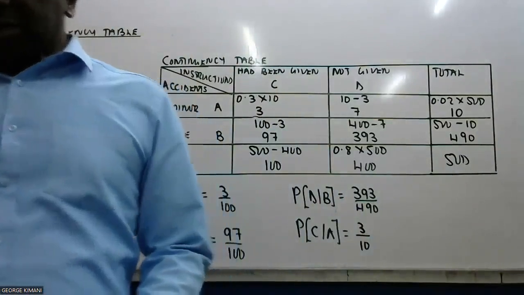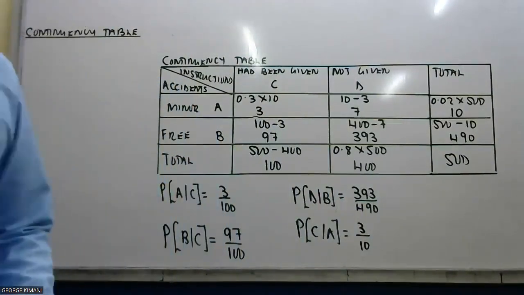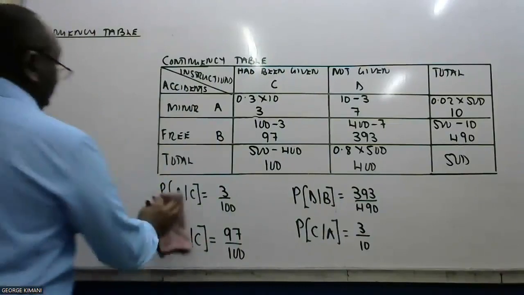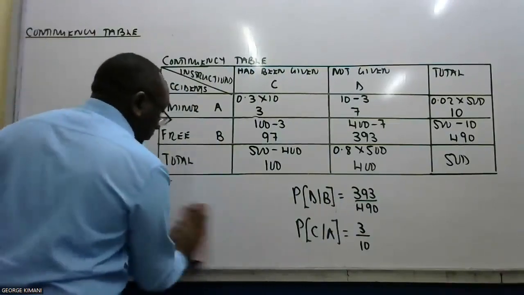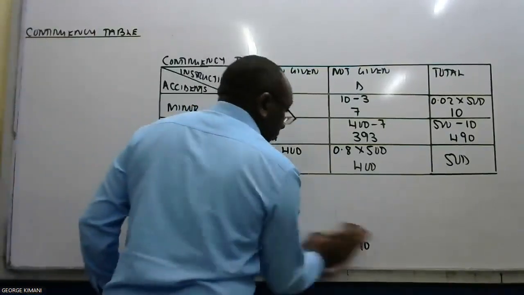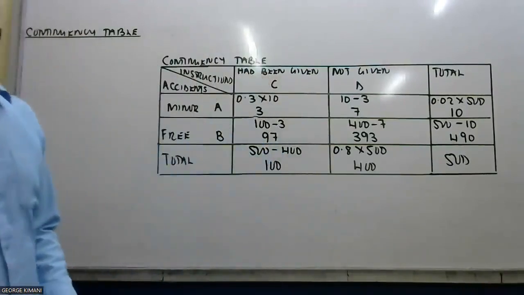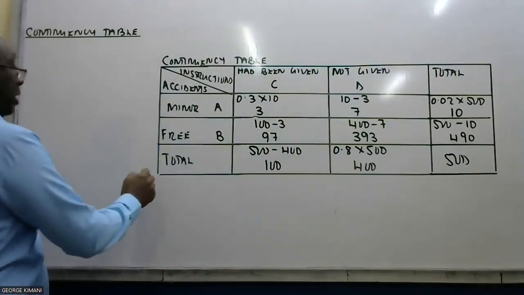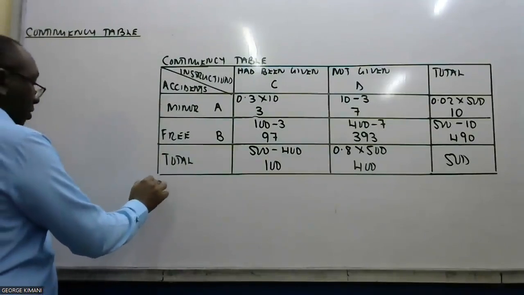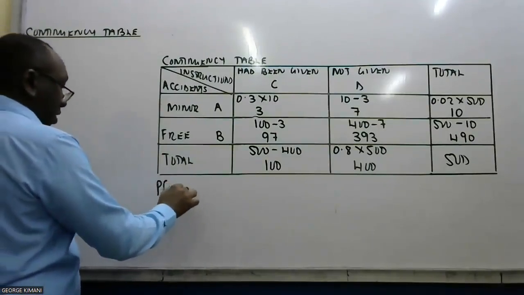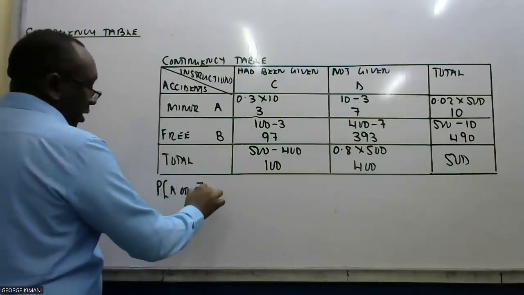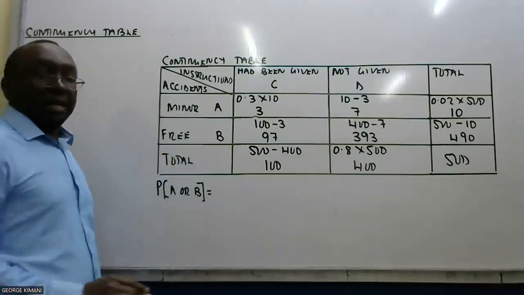The next one that you can be told to do is, if they tell you to say probability of A or B. Now this one, I want to open it.